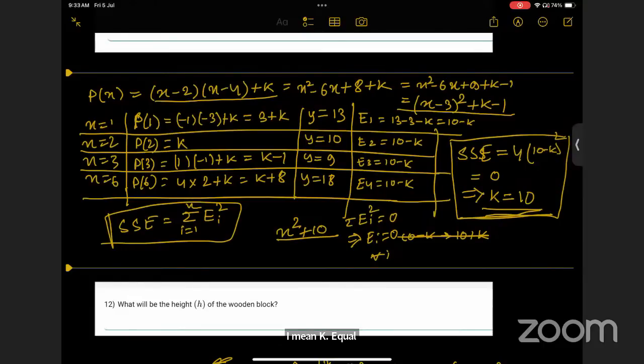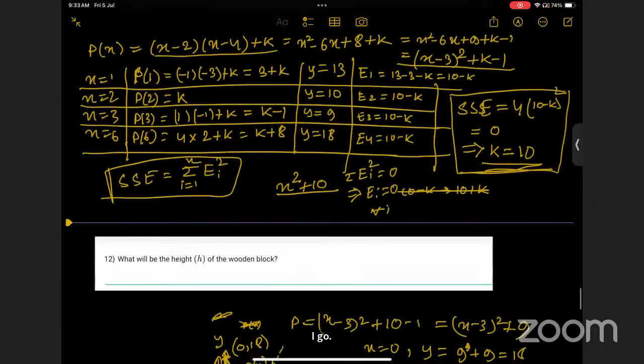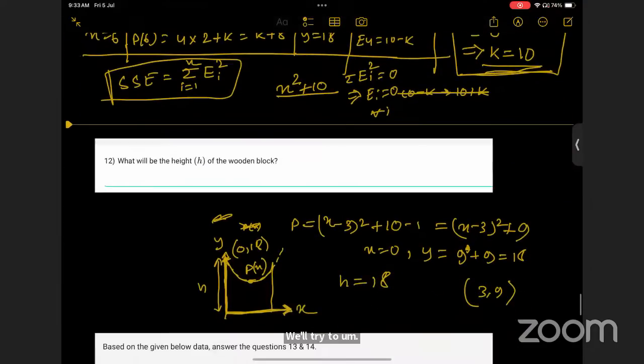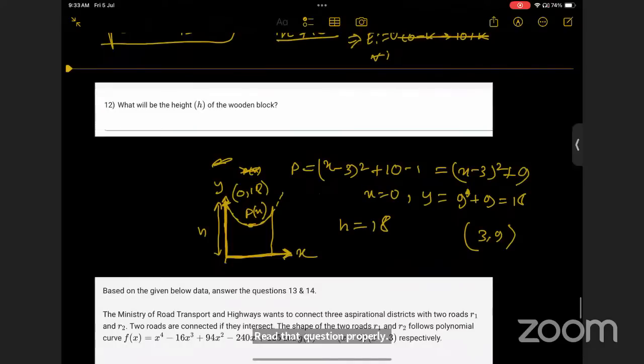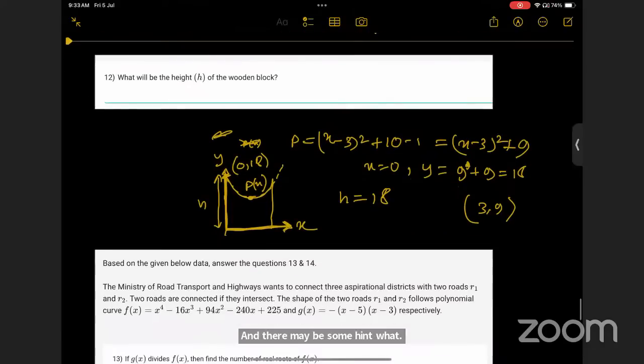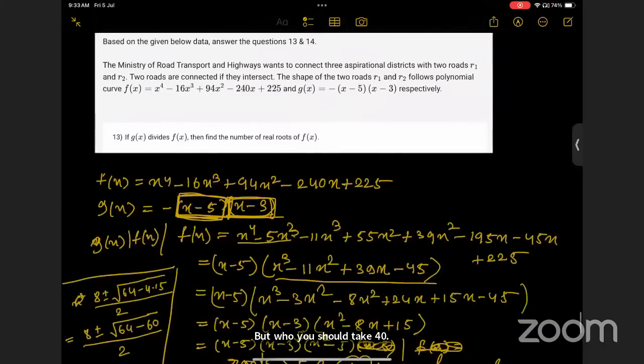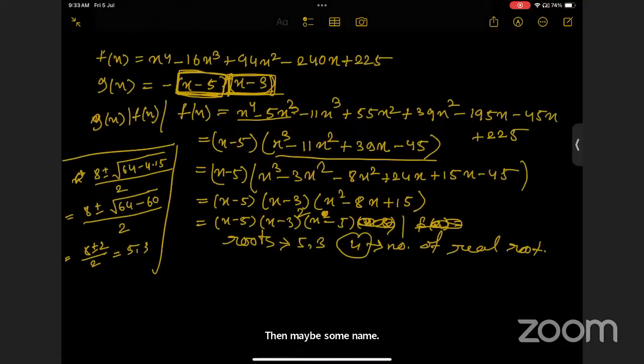Then try to read the question properly. There may be some hint about what value you should take for k. There may be some hint, definitely. They have told that it should have minimum SSE, ma'am. I found the 2 values as integers, but there must be some hint about which value we should take.